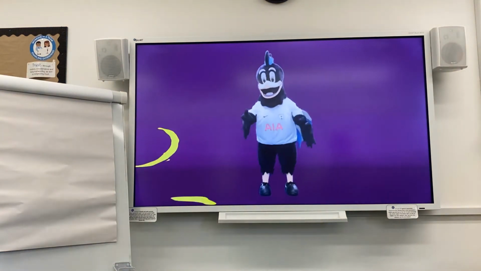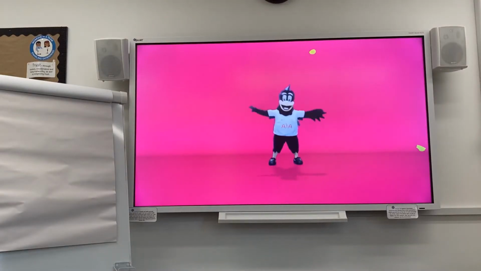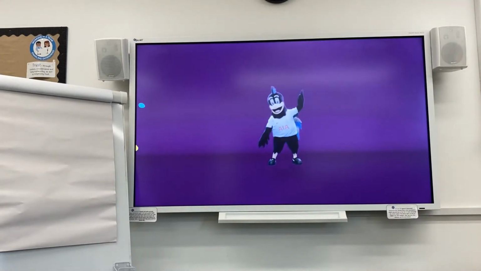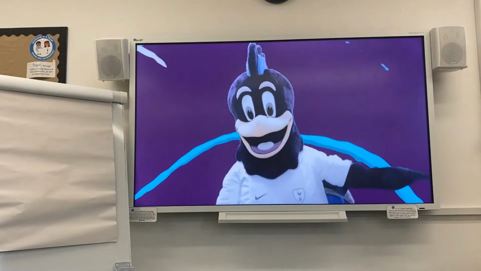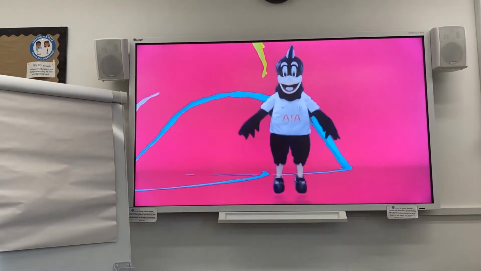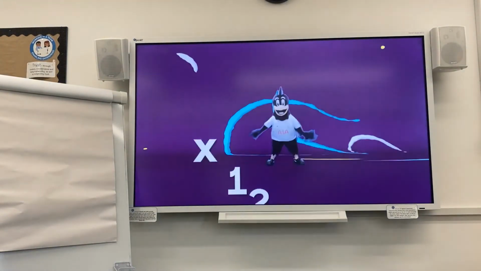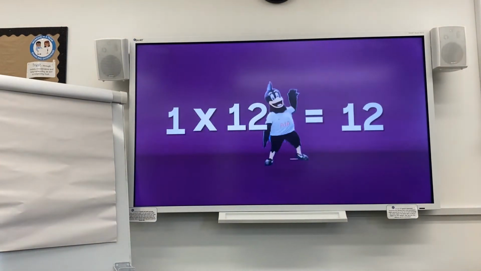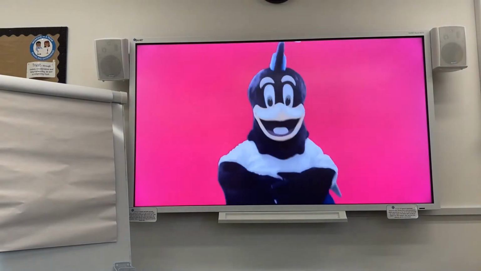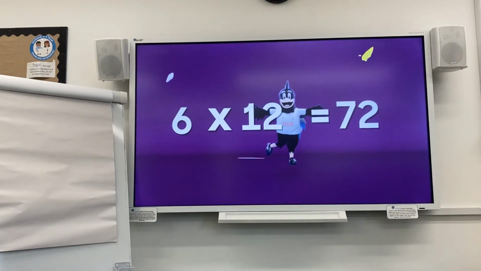Okay everybody, time to learn your 12 times table. And here he is, Chirpy Cockerel! He's going to help you be a master of your 12 times table. Chirpy, chirpy, what you know? 12 times table, here we go. 0 times 12 is 0. 1 times 12 is 12. 2 times 12 is 24. 3 times 12 is 36. 4 times 12 is 48. 5 times 12 is 60. 6 times 12 is 72. Do the rooster shuffle.